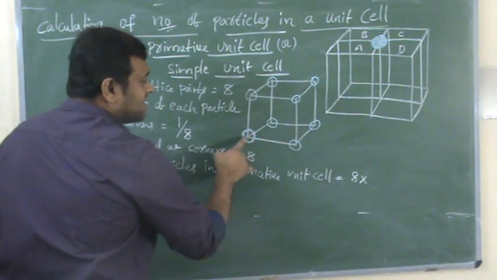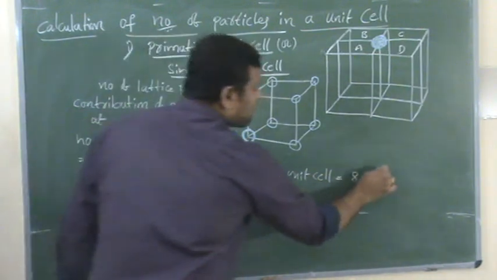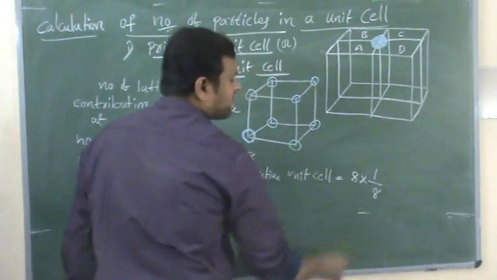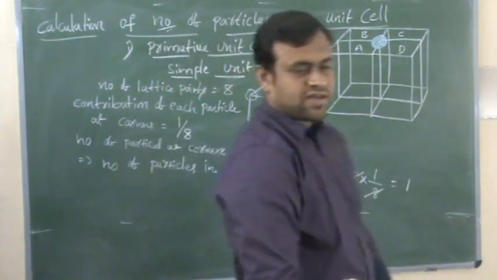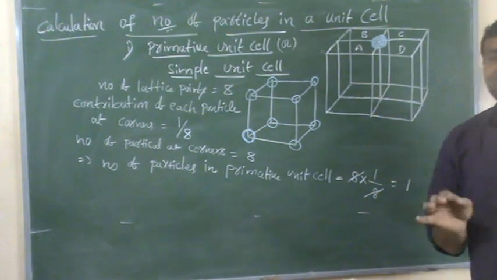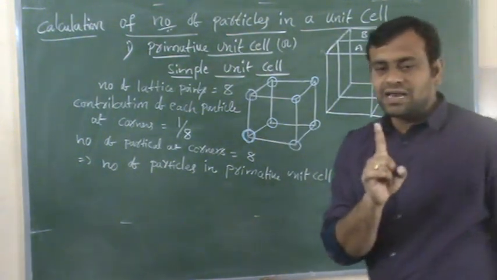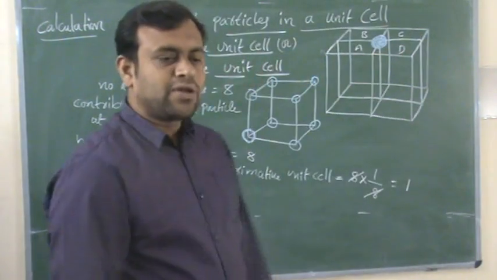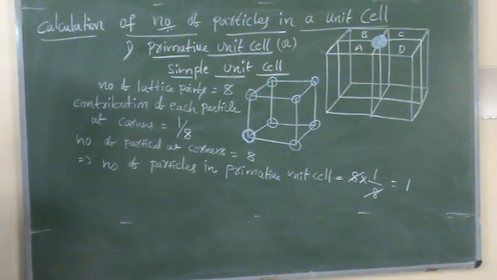Each particle contributes how much? 1 by 8. Therefore, 8 gets cancelled, that is equal to 1. Therefore, how many particles are present in a simple unit cell? 1 particle is present in a simple unit cell. Please make a note of it.